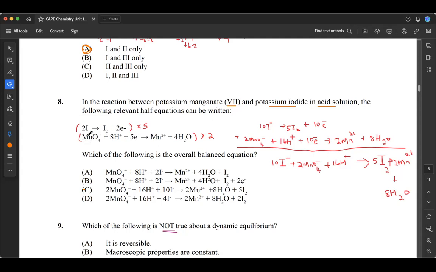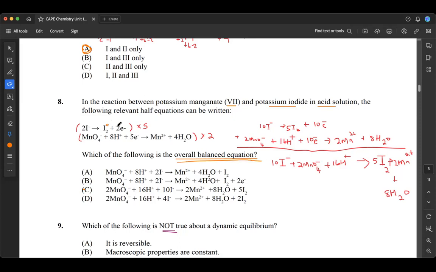And then we have MnO4, so that's our manganate 7, plus 8H+ plus 5e going to our Mn2+, so that's a reduction, plus 4H2O. And in this case, it was an oxidation because we're going from -1 to 0. All right, so it's a redox reaction that we're looking at here. Now they're asking which of the following is the overall balanced equation.